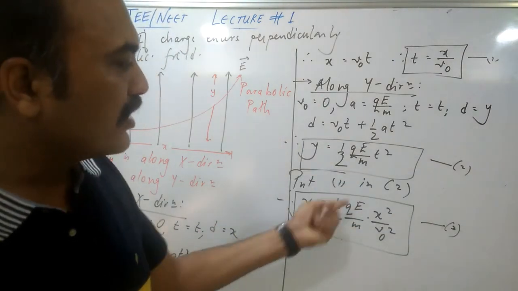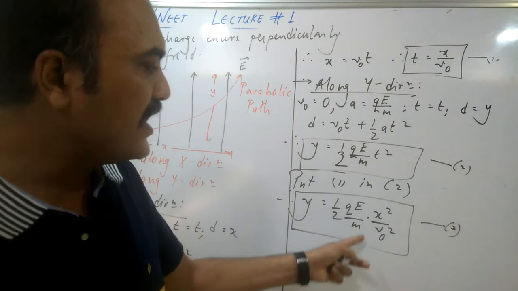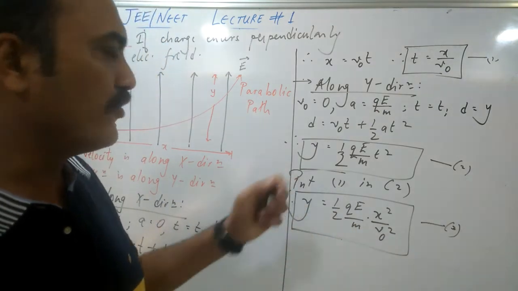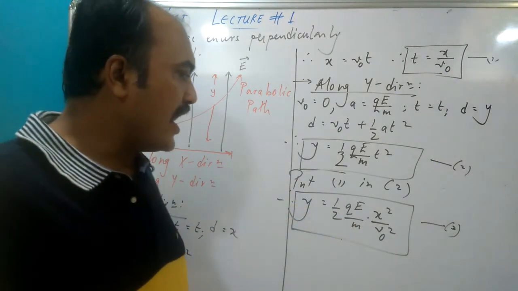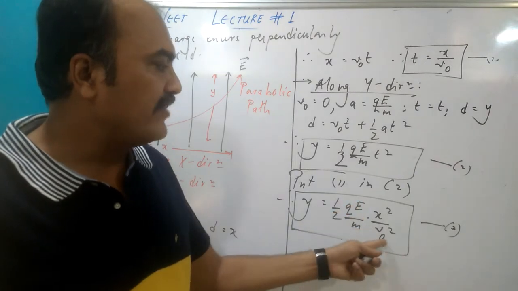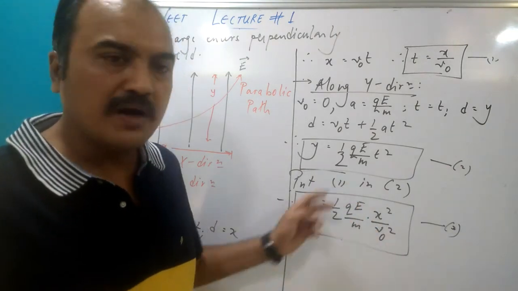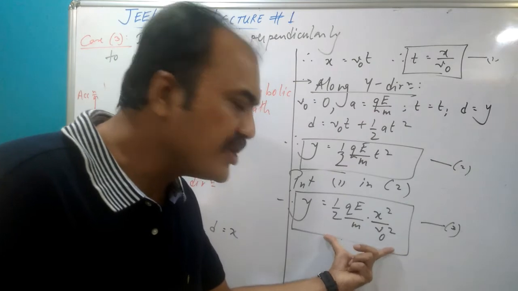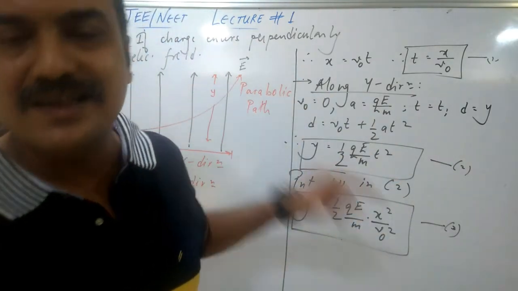They might give you x, they might give you q, e, m, v0, and they might ask you to find y. Or they might give you y, they might give you q, e, m, and v0, they might ask you to find x. But whatever be the case, the template remains the same.